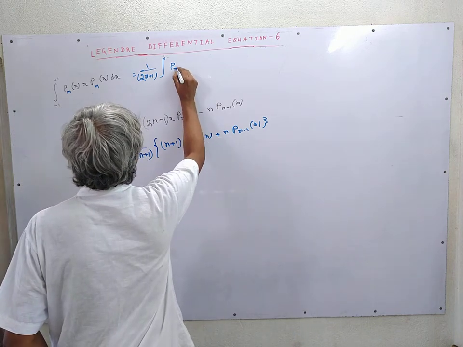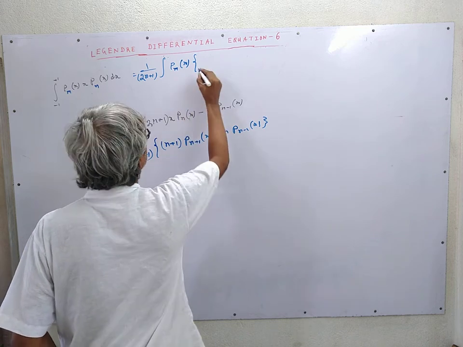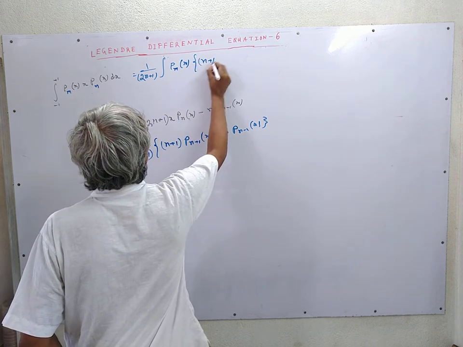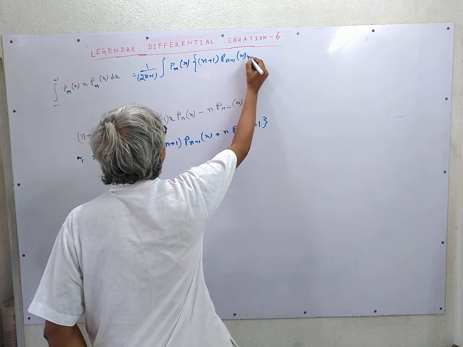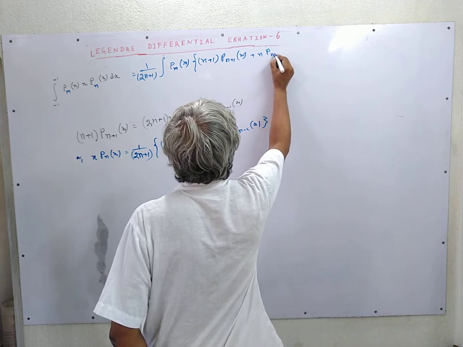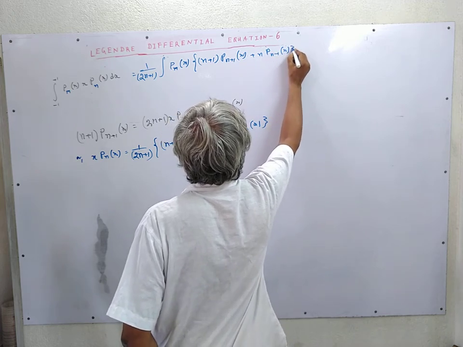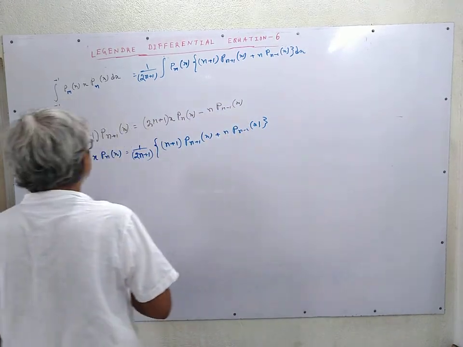So this is Pm of x times n plus 1 Pn plus 1 plus n Pn minus 1, dx.